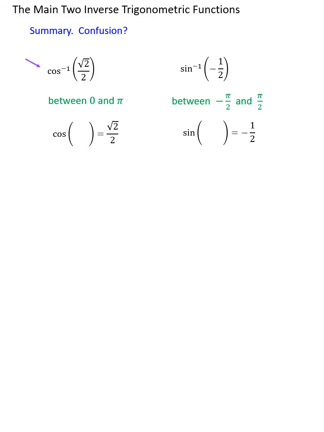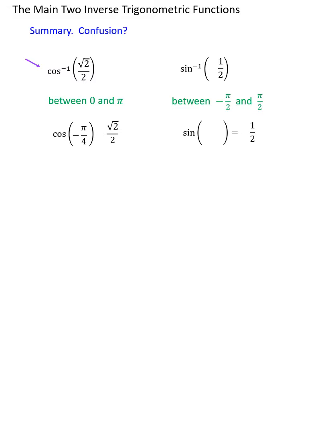Now, you've already seen it, but let me summarize the concept of what happens here. We need to fill in the blank in the bottom left corner here. The cosine of something equals that value. Now, you need a very detailed knowledge of the unit circle, because you need to keep finding values to fill in that blank until one of them just happens to be between 0 and pi. For example, the cosine of 7 pi over 4 is radical 2 over 2. However, 7 pi over 4 is bigger than pi, so that can't be it.